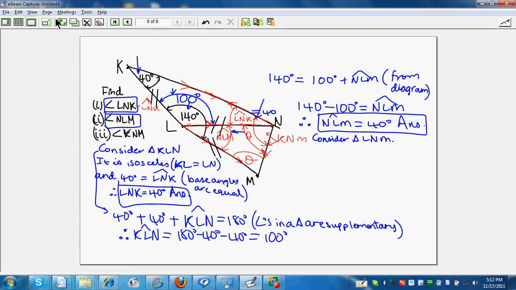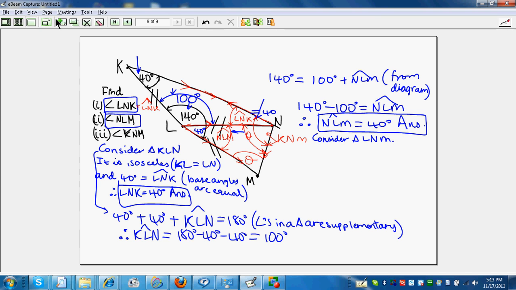That is an isosceles triangle because line LN is equal to line LM. And in an isosceles triangle, the base angles are equal. That's why we put theta as the two base angles. The apex angle in this case will be 40 degrees, which is what we calculated before for this angle here. So if we know this is 40, we could work out the two angles theta by recognizing that the triangle LNM is isosceles.